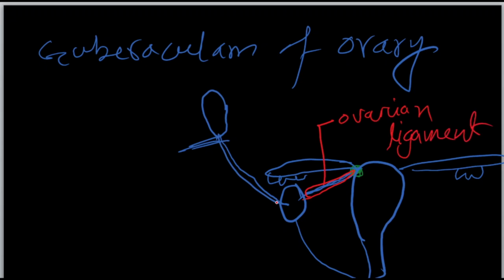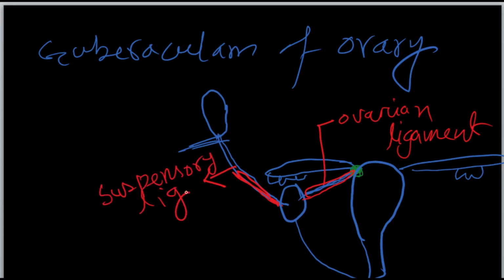and anteriorly it is attached to the abdominal or pelvic wall. That ligament is known as suspensory ligament. And posteriorly, it attaches ovary to the cornu inferiorly.